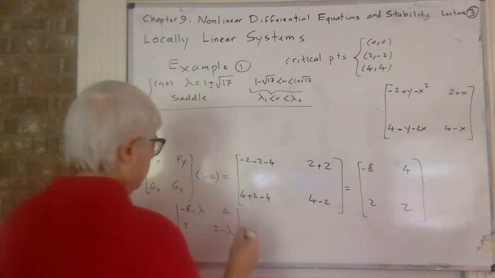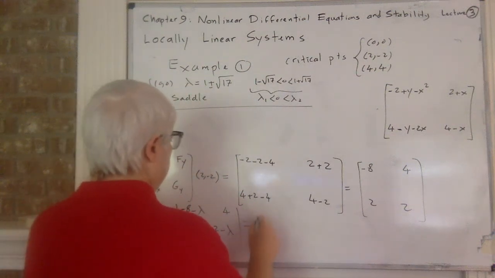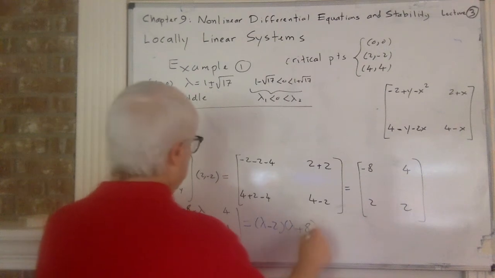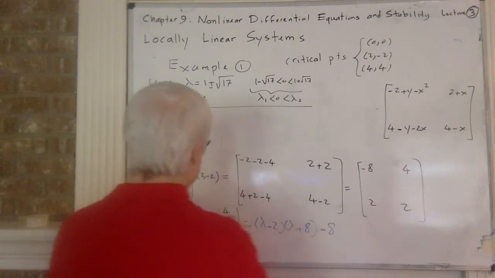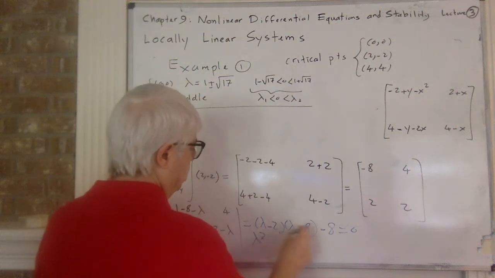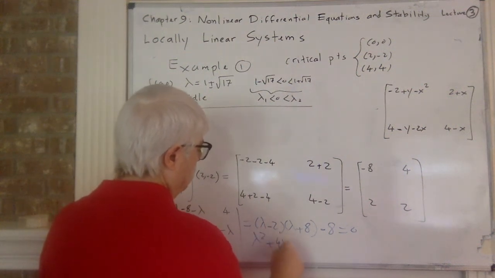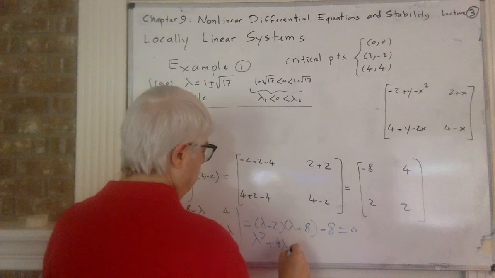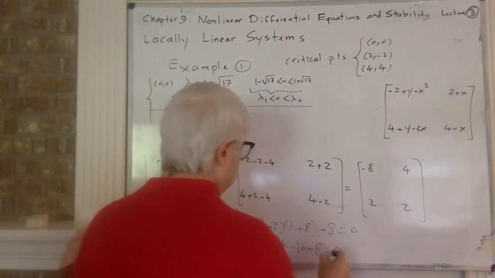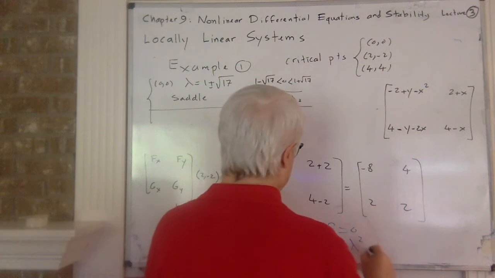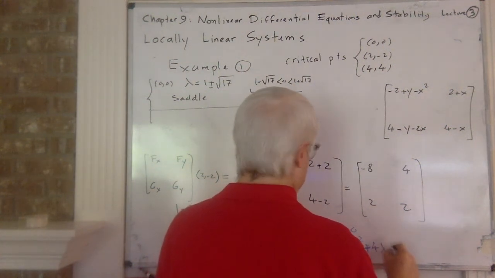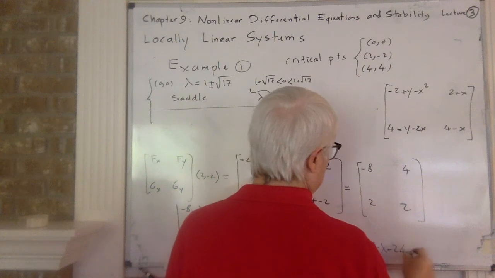So this is in fact (lambda minus 2) times (lambda plus 8) minus 8 times 4, so I have lambda squared plus 4 lambda minus 16 minus 8. So I have lambda squared plus 4 lambda minus 24.